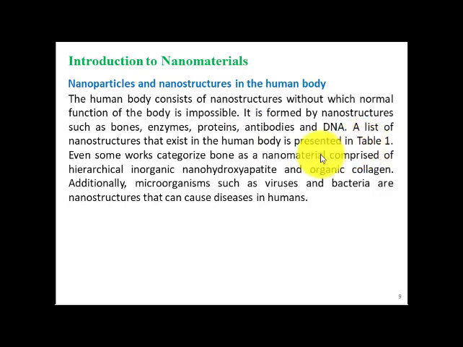I will show you just later. Even some works categorize bone as a nanomaterial comprised of hierarchical inorganic nanohydroxyapatite and organic collagen. Additionally, microorganisms such as viruses and bacteria are nanostructures that can cause diseases in humans.